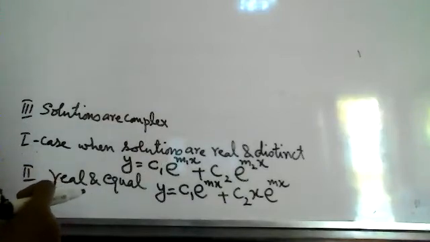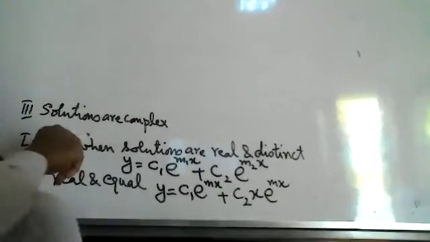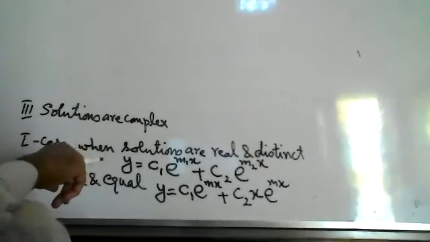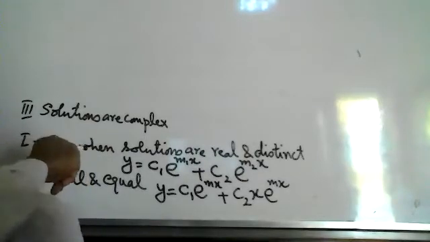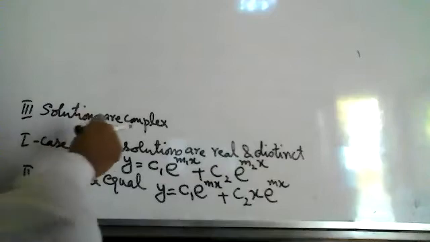When we solve the auxiliary equation, the two answers are complex. When we get a complex answer, there must be two answers with plus and minus.